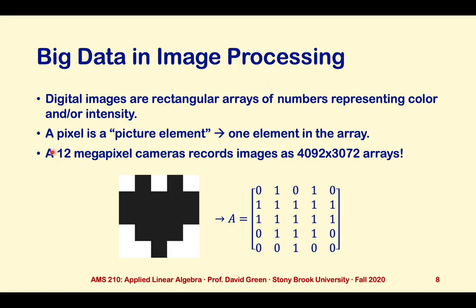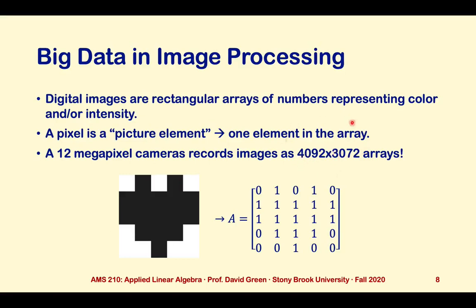So if you think about, say, a 12 megapixel camera, that's what happens to be on my phone. A 12 megapixel camera stores images in the standard format as arrays that have 4 kilopixels in one dimension and 3 kilopixels in another dimension, giving overall a little bit more than 12 million entries in the matrix.